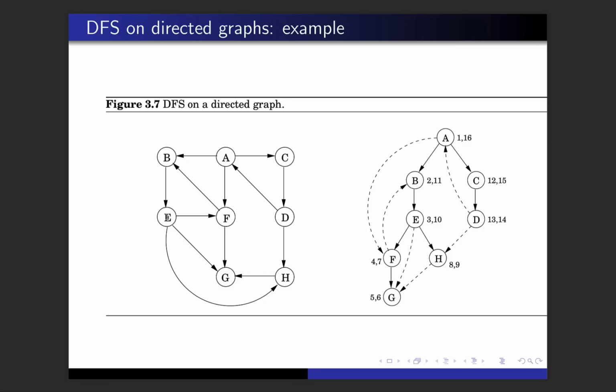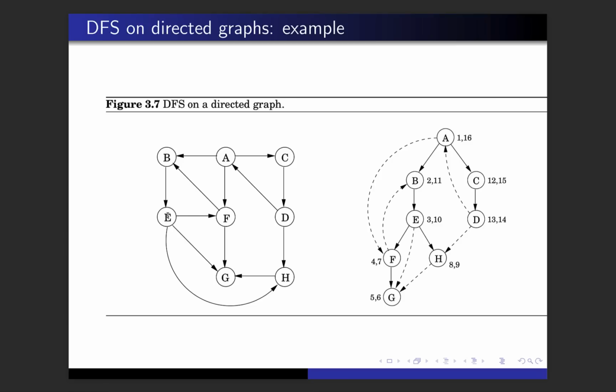So if I start at E and, for example, move to F, that is a valid move because I move from E to F following the direction of the edge. I can also move from F to G following the direction of that edge, but I cannot move from G to E, and in order to have a cycle, I want to do that move. So this is not a cycle.